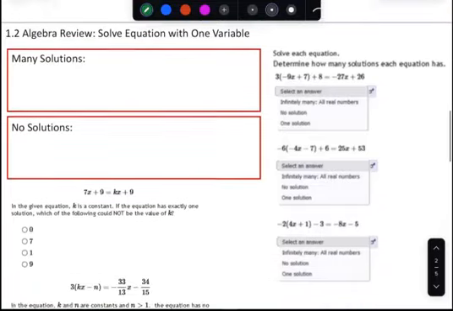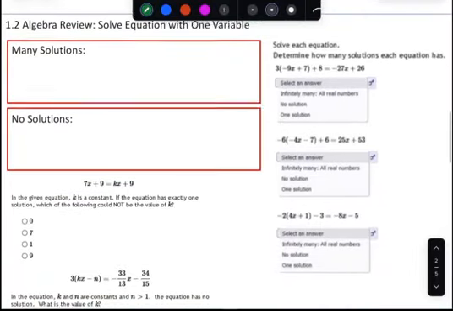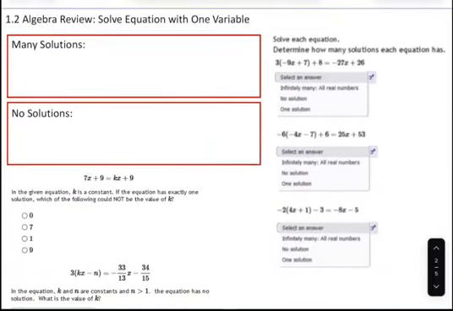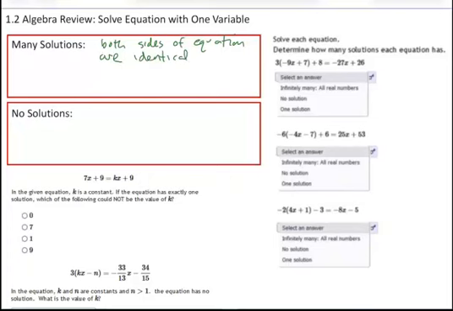Right, the other type of answers that you're going to see when you're dealing with equations with one variable in the SAT are ones where you have either many solutions or no solutions. So with many solutions, both sides of the equation completely cancel out. They're either going to be identical or they cancel out.